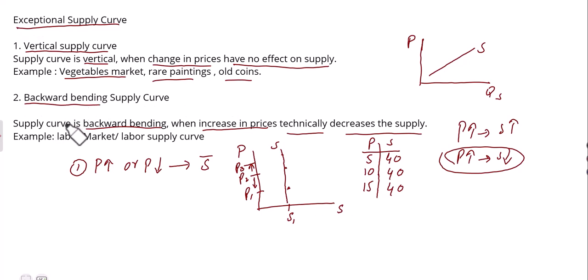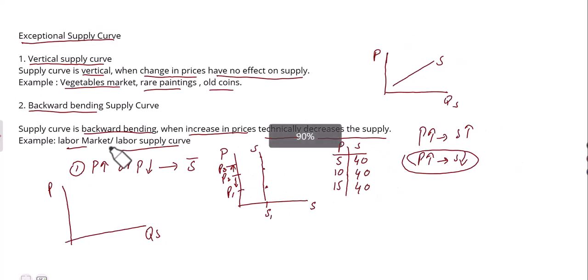The supply curve is backward bending especially in the labor market. Basically, the labor supply curve has a positive slope, but after some point it becomes a negative slope. The price of labor is wages, and quantity supplied we can take as labor supply.